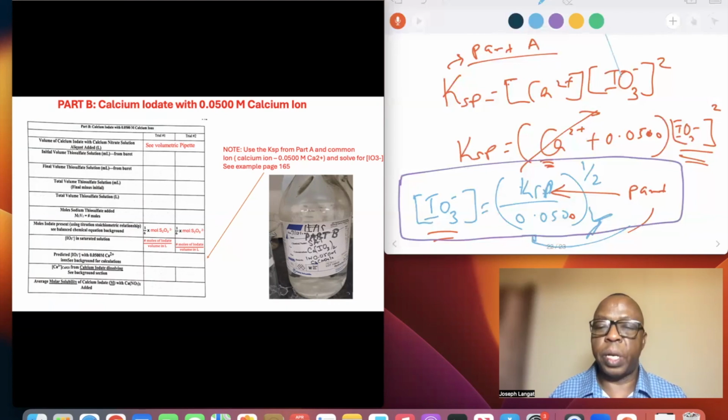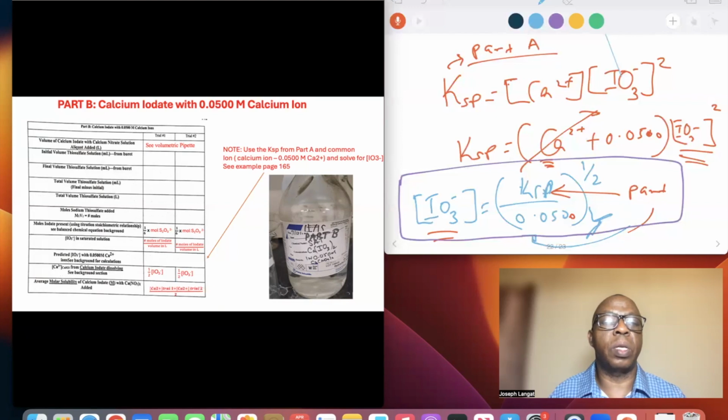And once you figure it out, you just have to use the ratio between calcium ion and iodide ion. And from here, you can find the average solubility. Remember, solubility of calcium iodide is a function of the molarity of calcium, which is this value divided by 2 will give you the average.